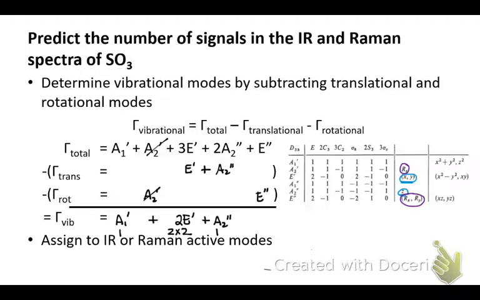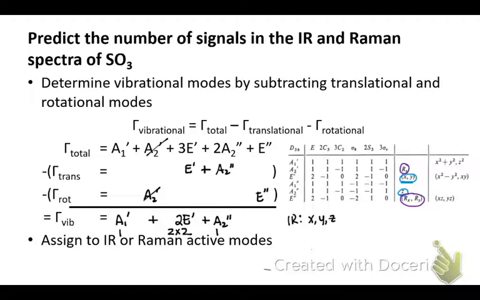Now, which of these would we expect to be IR or Raman active? We can also figure that out by the character table. The IR active modes had the same symmetry as the X, Y, or Z vectors.